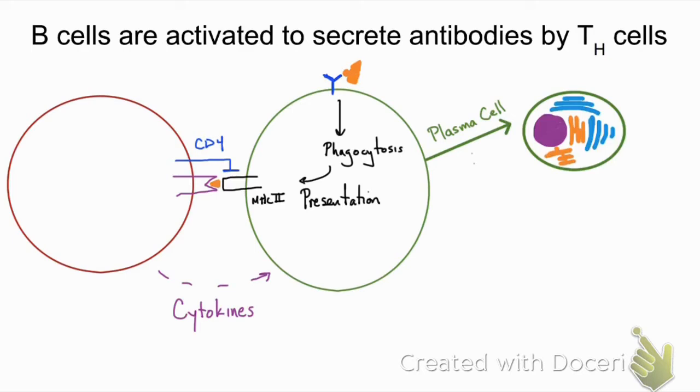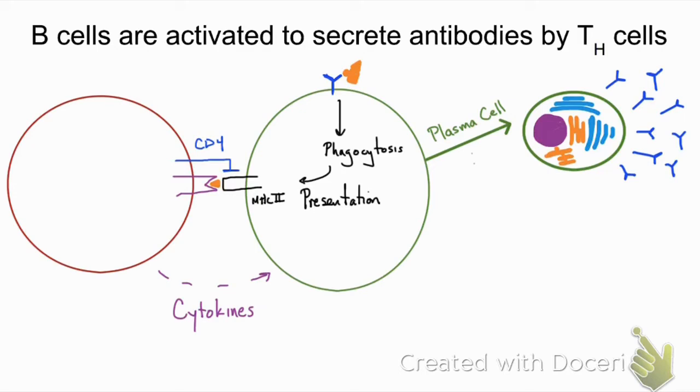In this image, I'm showing a plasma cell, and I'm trying to highlight here the ER in orange and the Golgi apparatus in blue, because plasma cells really change their gene expression in a way to mass produce antibodies. They secrete these antibodies, and so they have to have a lot of the organelles that contribute to the endomembrane system.